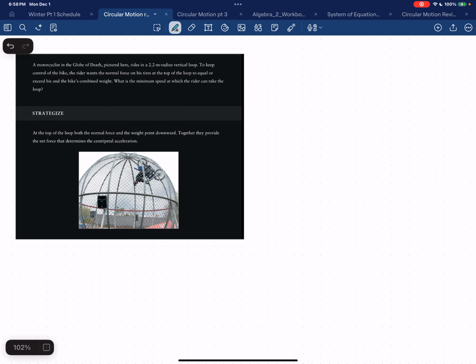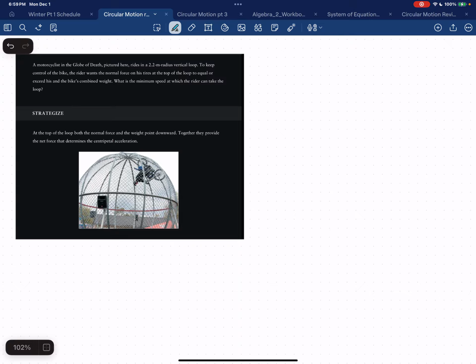So, just to show you a quick question before I let you guys go. A motorcyclist in the globe of death, pictured here, rides in a 2.2 meter radius vertical loop. To keep control of the bike, the rider wants the normal force on his tires at the top to equal or exceed his bike's combined weight.